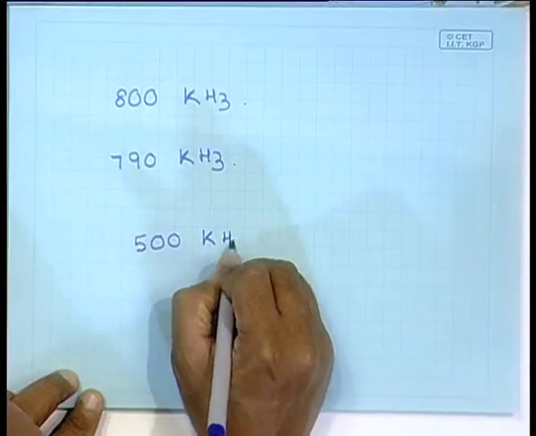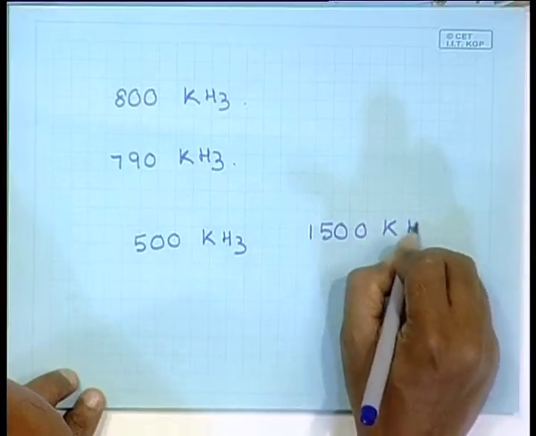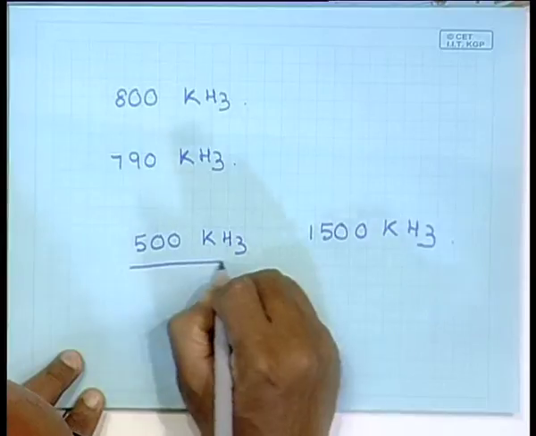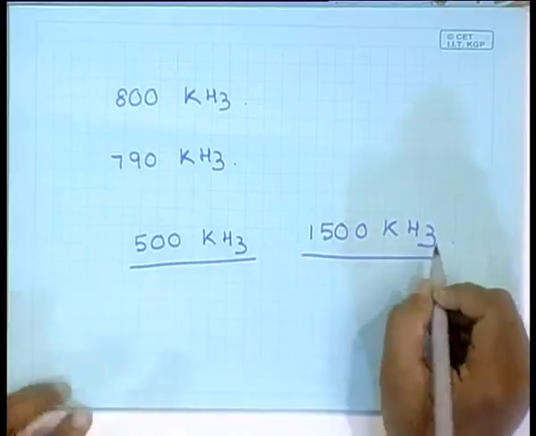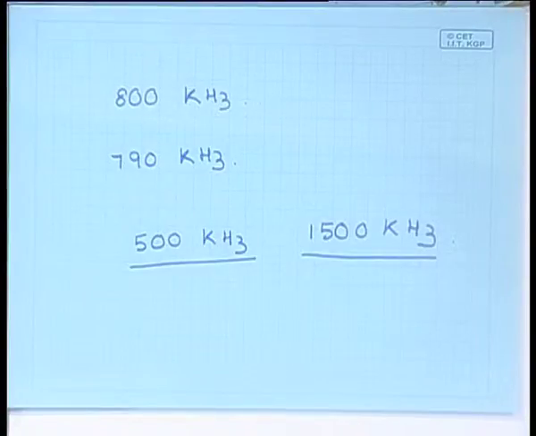So, one has to ensure that the radio transmissions occur sufficiently far apart in frequency, so that the sidebands that are produced do not overlap. And typically the whole frequency range from 500 kilohertz to 1500 kilohertz is available for amplitude modulation AM transmission, and you can fit in a large number of radio stations in this entire range of frequencies.